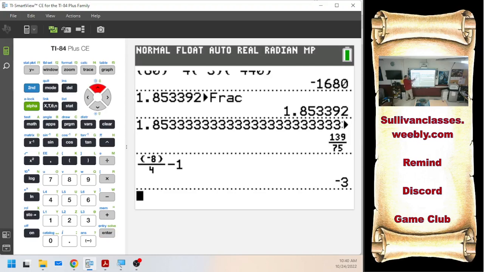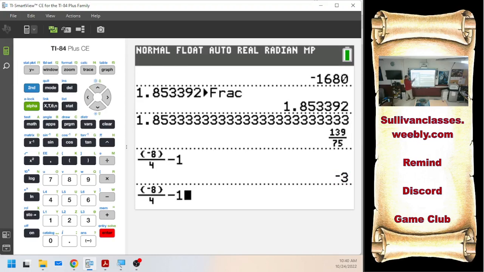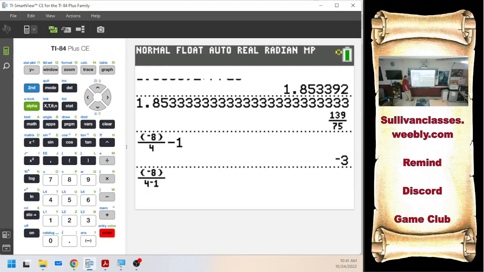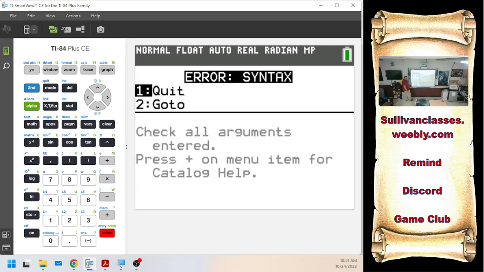See the difference between if I do that versus what if I use the negative button again here? Look at what happens to it when I press the negative. It raises up a little bit and it gets smaller. There is a physical difference between a negative and a minus on these calculators because it gives you an entirely different answer.